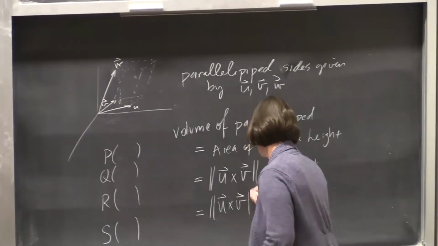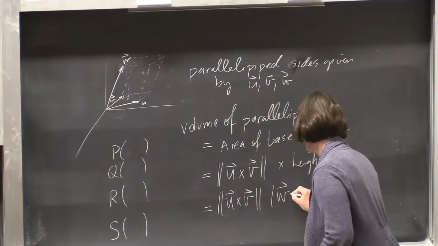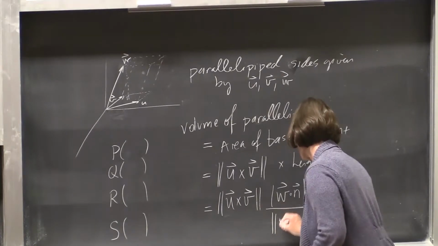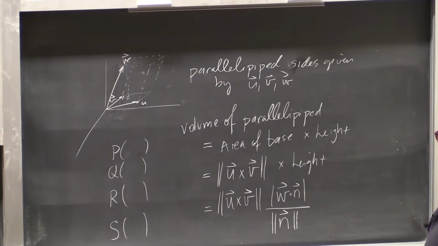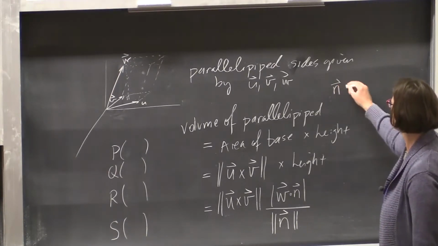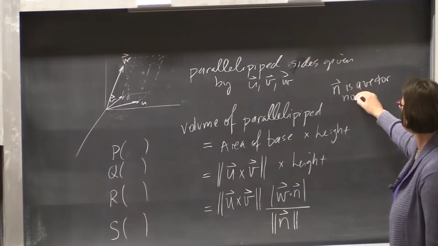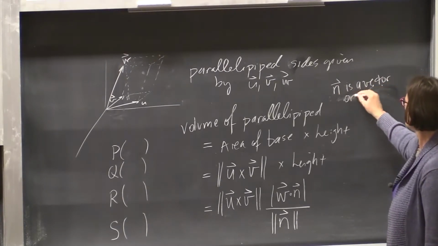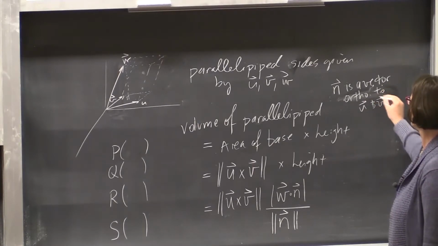The area of the base is the length of u cross v, and then I multiply it by the height, which is absolute value of w dot n over the length of a normal vector n. That's super. So n is a vector normal or orthogonal to u and v.